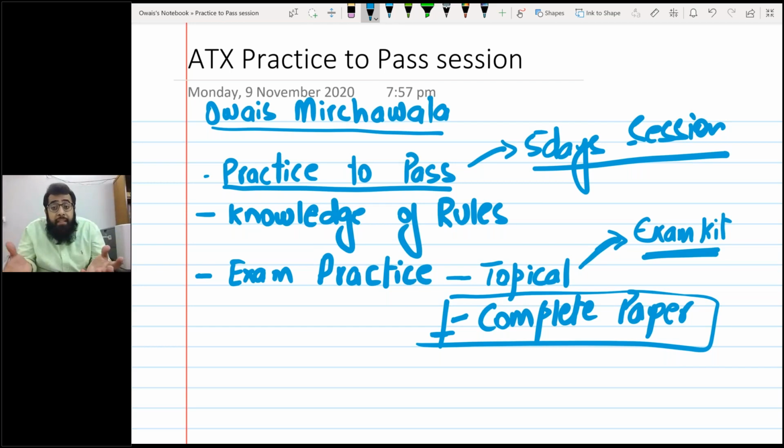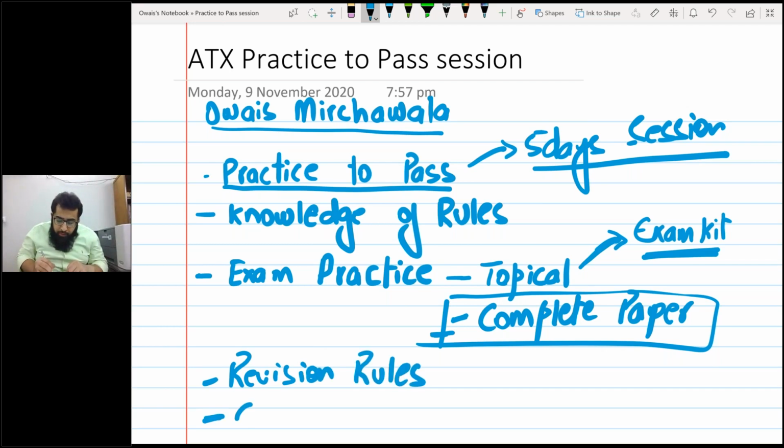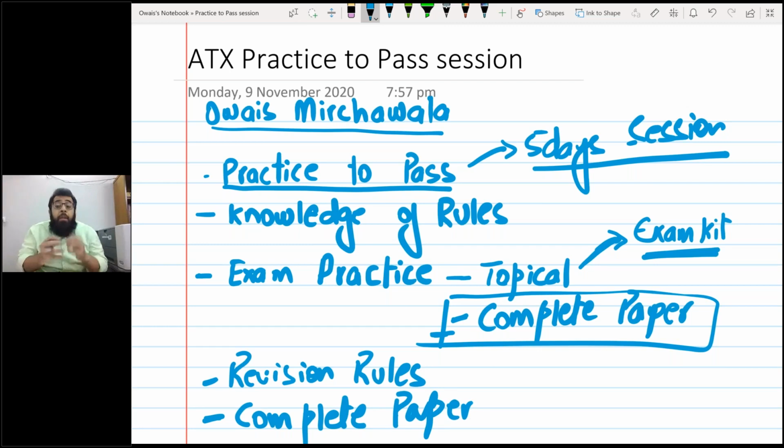Obviously we will revise rules also. We will do revision of rules, but alongside we will do complete papers of at least 4-5 attempts, whatever the time limit permits, and we'll try to cover as much as possible within these 5 days. These are 15 hours, and we'll try to cover as much as possible.